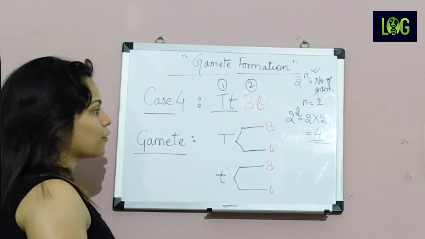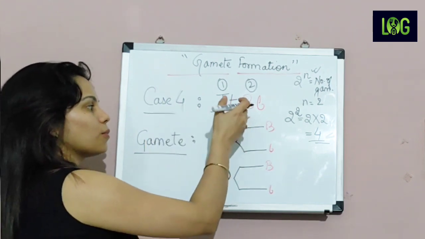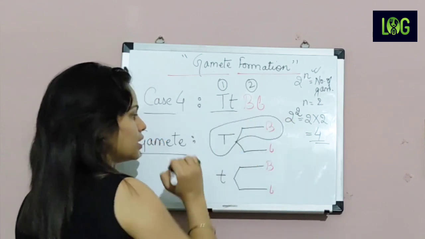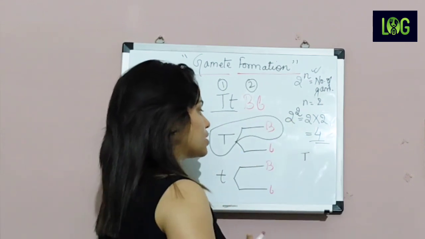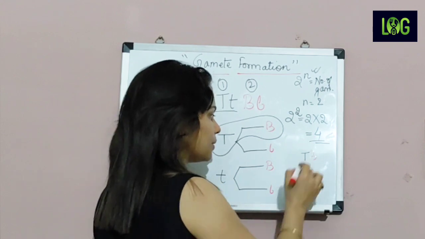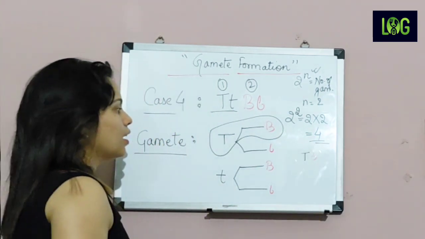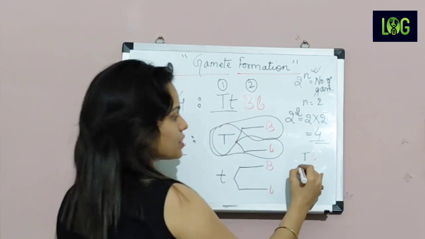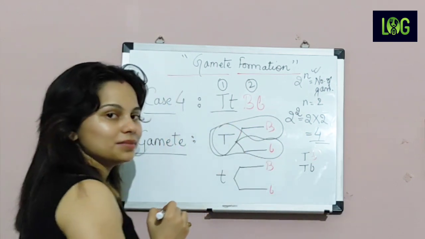Fine. Now you have to read it from upward to downward, like capital T, capital B. So one gamete is capital T, capital B. Again capital T, small b. So next is capital T, small b.